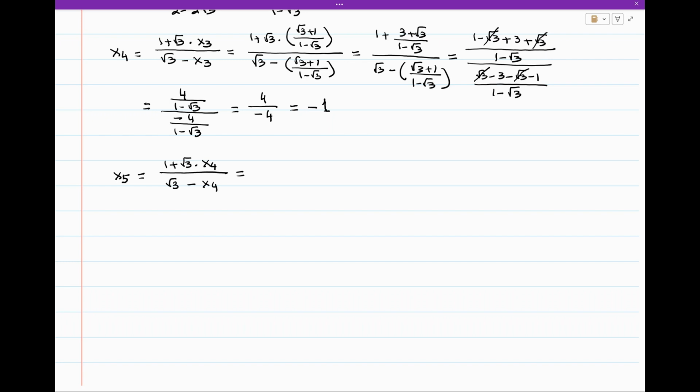We have just now found out the value of x4 to be minus 1. So let us put that value in, and we get (1 minus square root of 3) divided by (square root of 3 plus 1). This is the value of the fifth term.